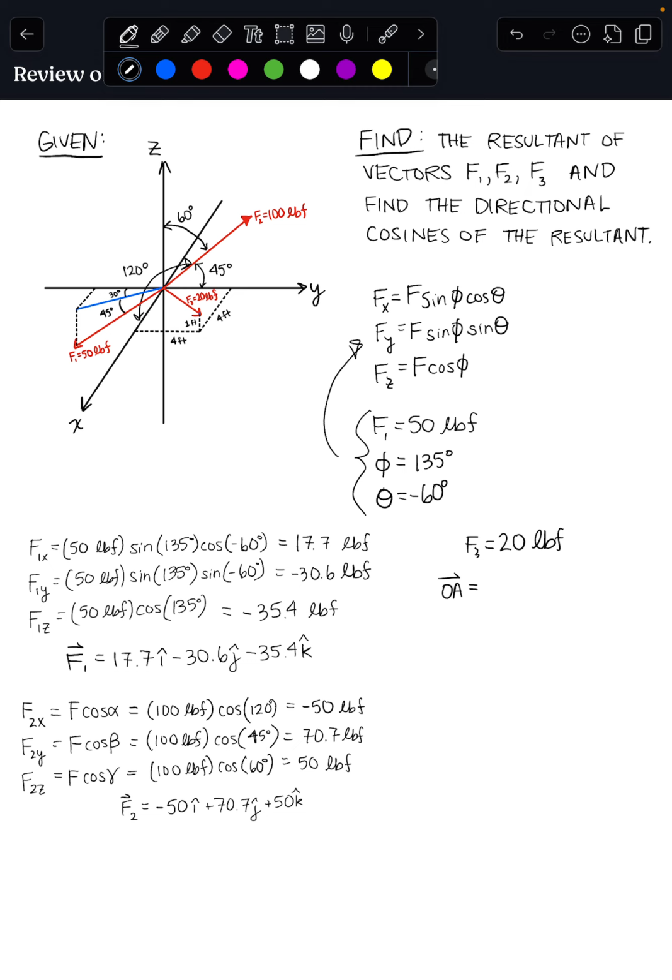So if I write that, we've got a distance of 4 feet along the x-axis, and that's in the positive i hat, and then also a distance of 4 feet along the y-axis, so j hat, and lastly we're going up along the z-axis 1 foot.